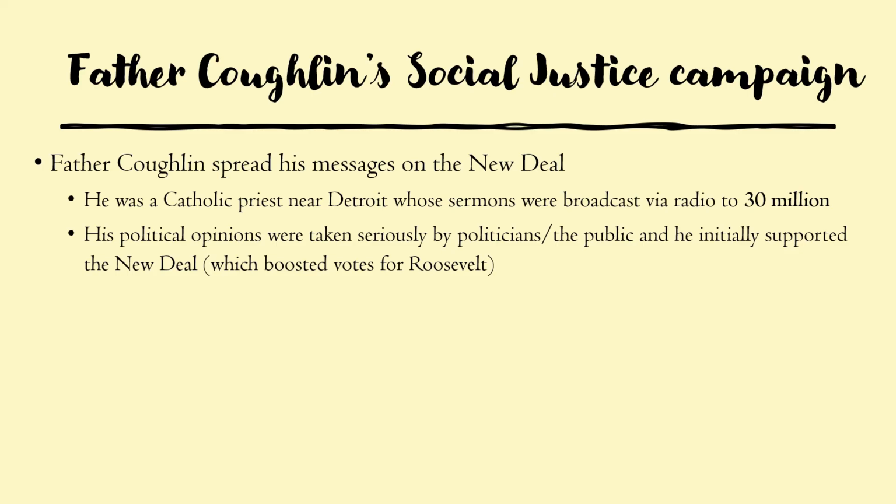And he gave political opinions in his sermons, which were taken seriously by the public and also, of course, by politicians, because the public was easily swayed by them. And he initially had supported the New Deal, so this had boosted votes for Roosevelt when he was saying that it was a good thing, so people were more likely to vote for the Democrats.